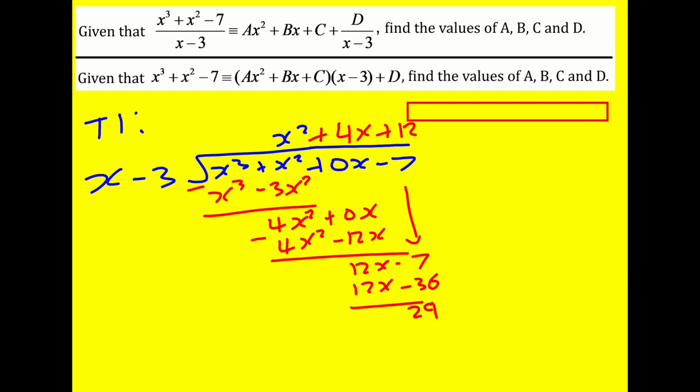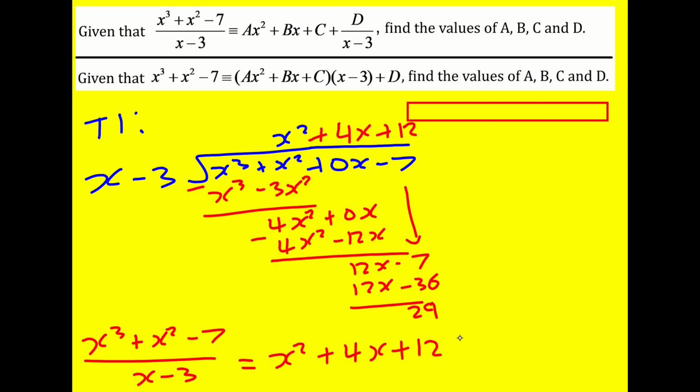That means that x cubed plus x squared minus 7 all over x minus 3 is actually equal to x squared plus 4x plus 12 plus 29 over x minus 3.